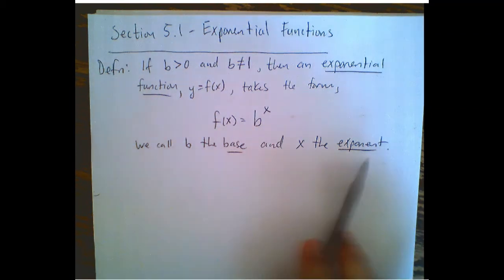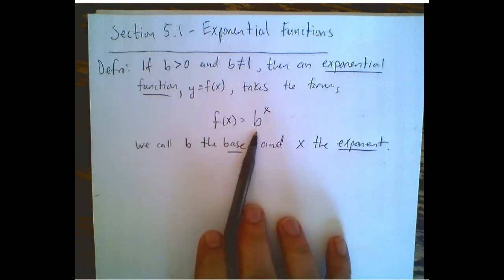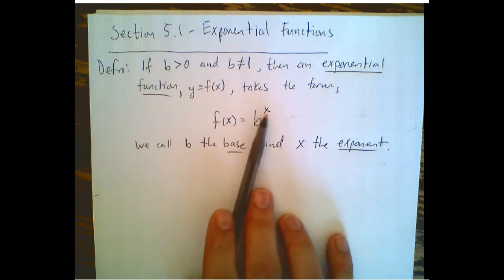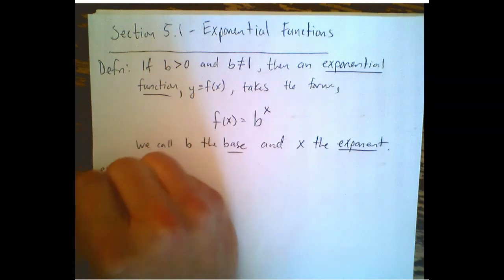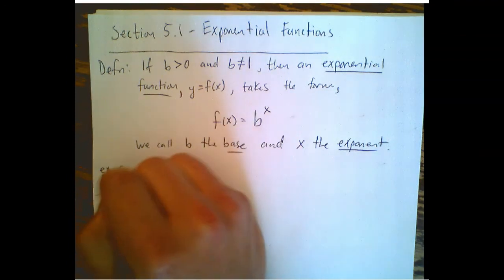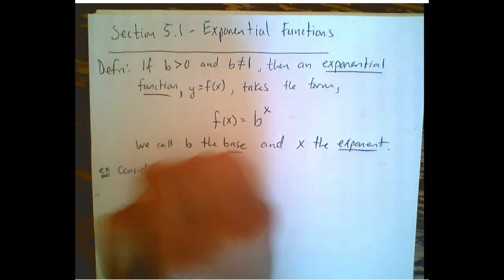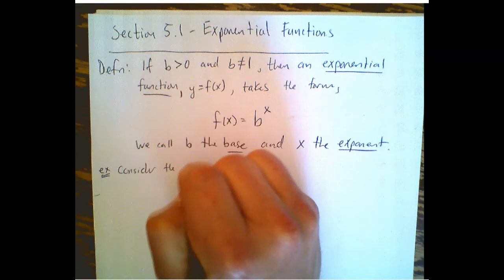All right, so just before we get started with graphing these things, which are pretty easy to do, let's talk about the various exponents we can see on b, right? As we've mentioned before, for instance, consider the exponents below.